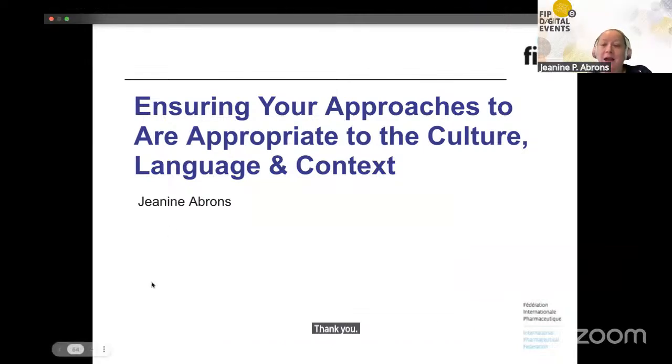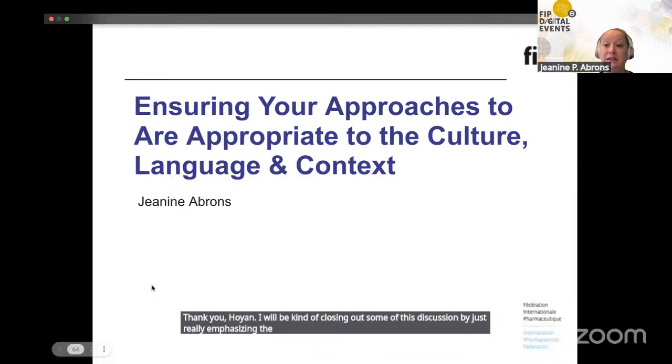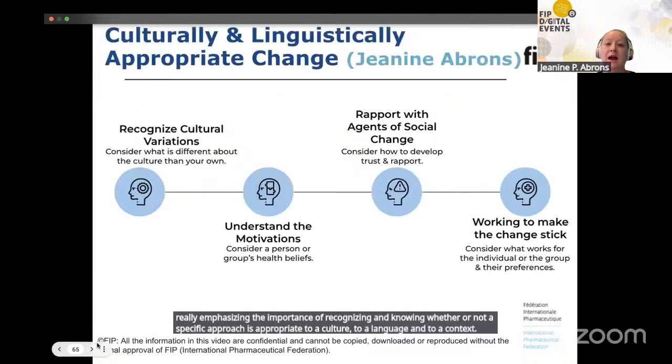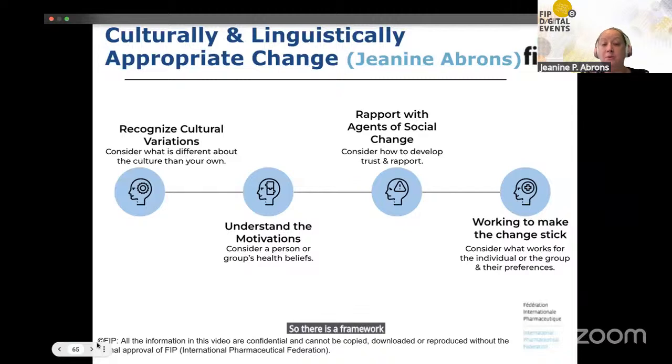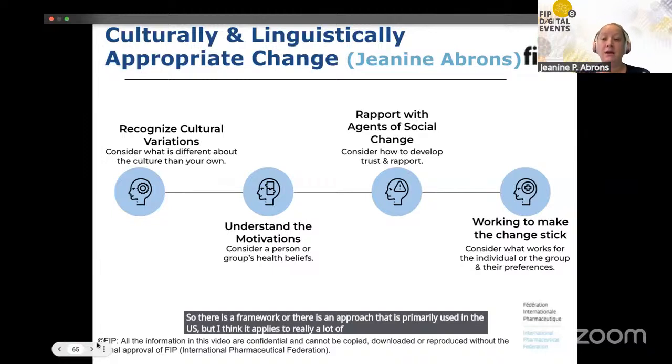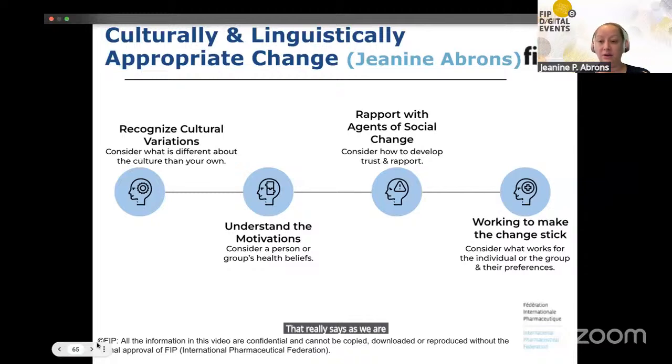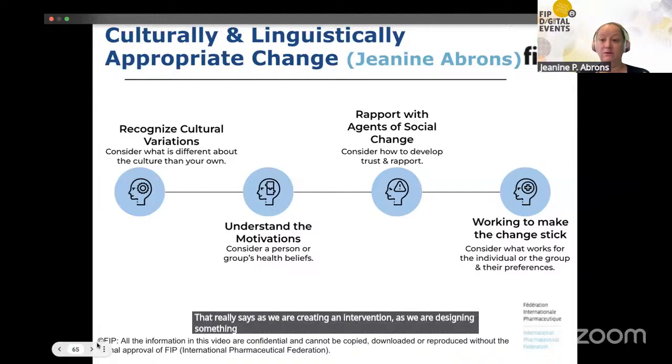Thank you, Hoyan. I will be closing out some of this discussion by emphasizing the importance of recognizing and knowing whether or not a specific approach is appropriate to a culture, to a language, and to a context. There is a framework, primarily used in the US but which I think applies to a lot of countries as well, that says as we are creating an intervention, as we are designing something for practice or for academics, we need to think about what cultural variations we have seen when a tool, an instrument, or a model has been applied to a culture different than our own.